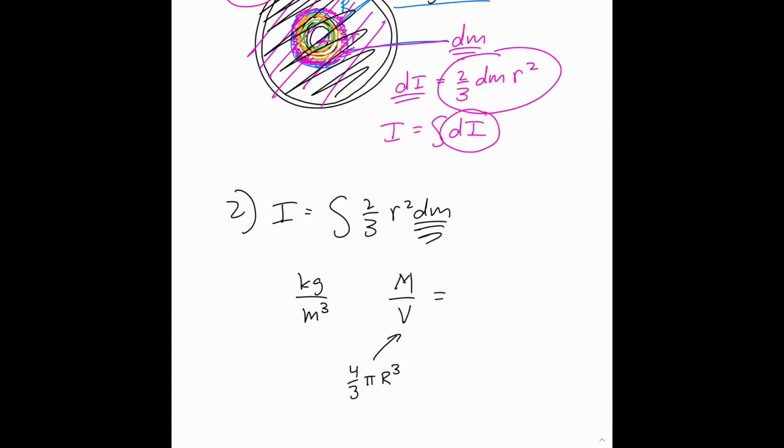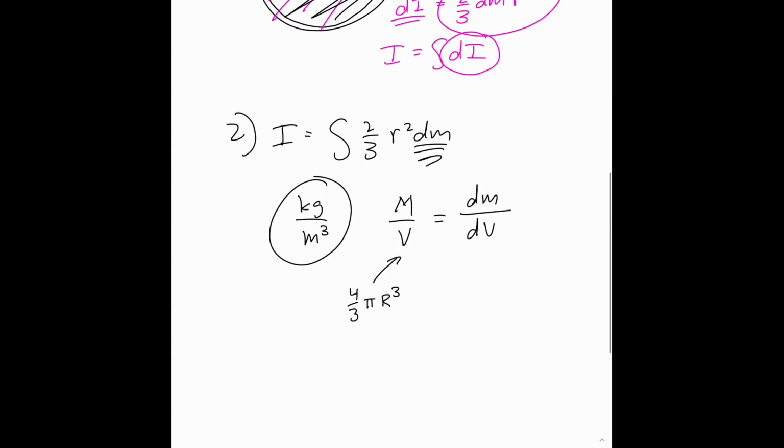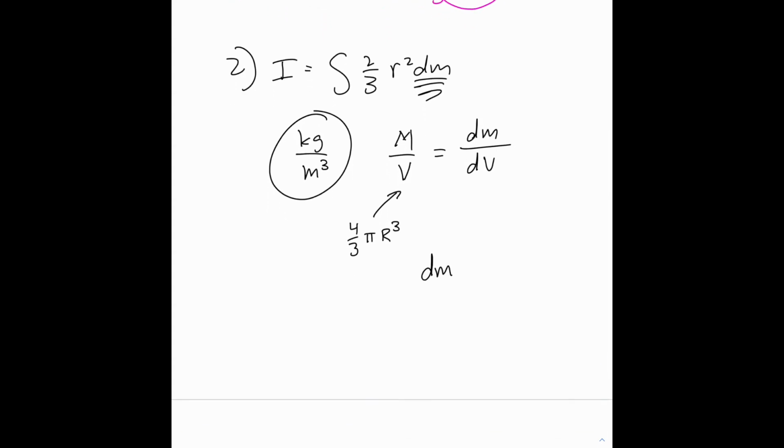Well, I should get the exact same density in kilograms per cubic meter if I just take the fractional mass of one of my spherical shells divided by its fractional volume. dm is therefore m over v times dv. Okay, step 3, I equals 2/3 the integral of r squared times m over v dv.